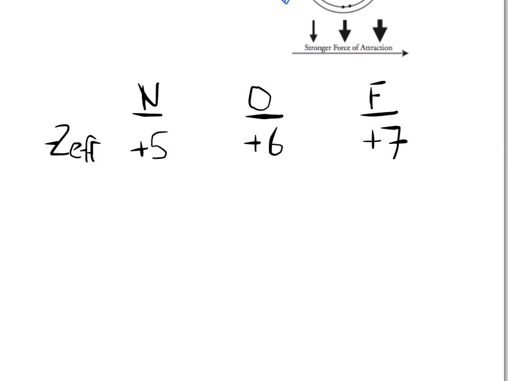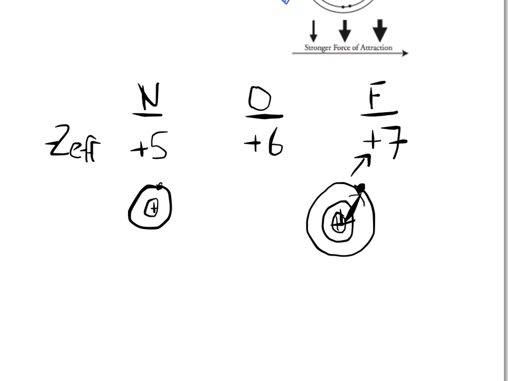So what this is saying is the charge that the nucleus of an atom of fluorine exerts on a valence electron of fluorine, that attractive force is greater in fluorine than it is in nitrogen.